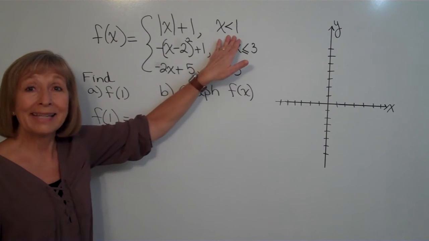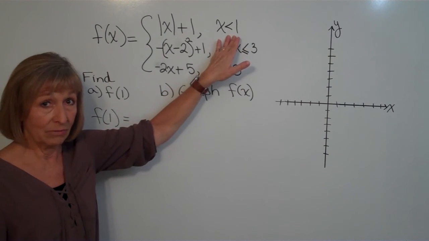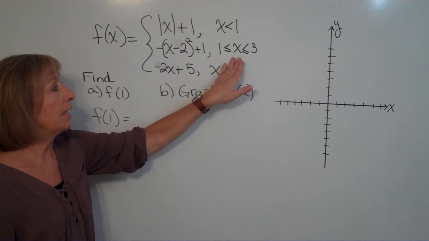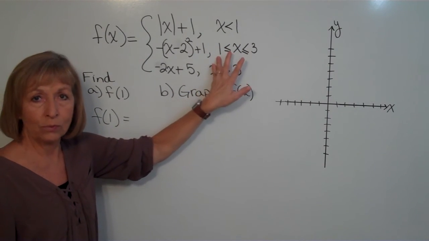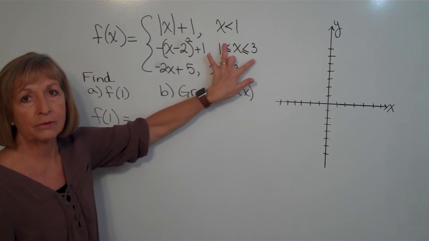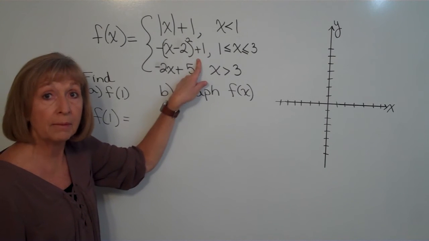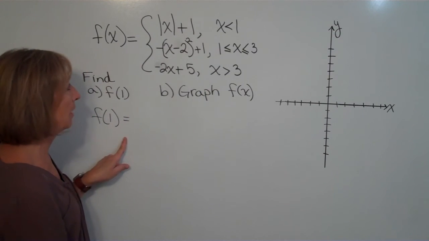Well, x less than 1 does not include 1, so it's not going to be the first rule. x equal 1 is a number that is 1 less than or equal to x less than or equal to 3. It's got the or equal here. So this middle rule is the one that I'm going to use for this first question.